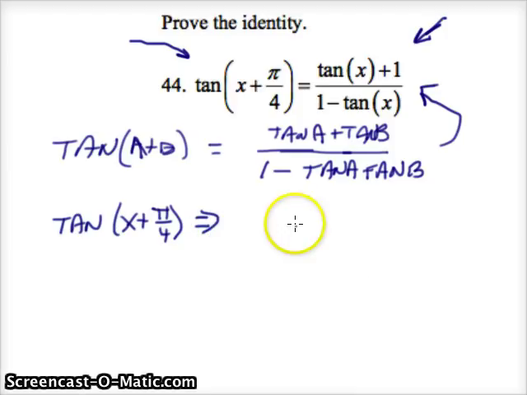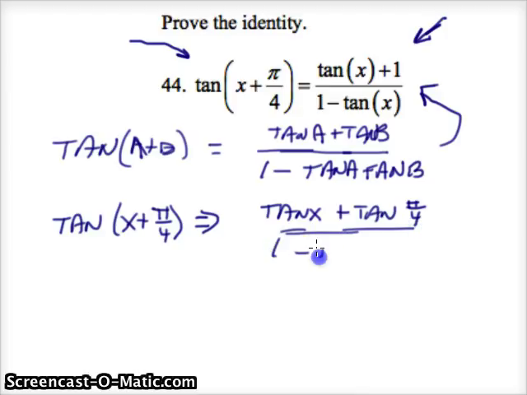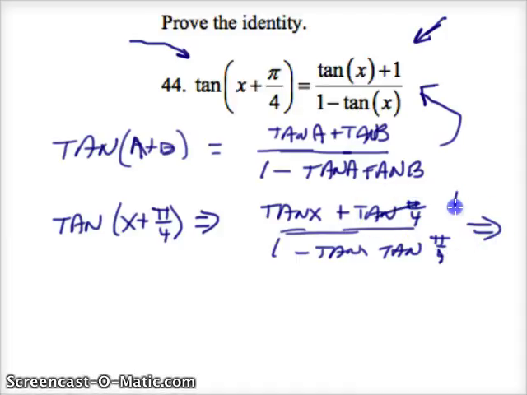Okay, now that is equal to what? Tan of x plus tangent of pi over 4 over 1 minus tan x times tangent of pi over 4. Okay, now we know that tangent of pi over 4 is just 1.